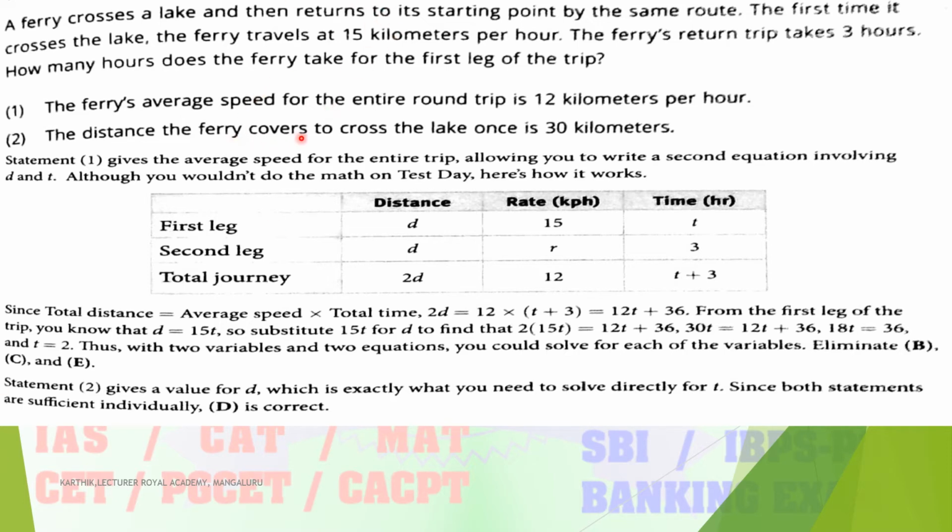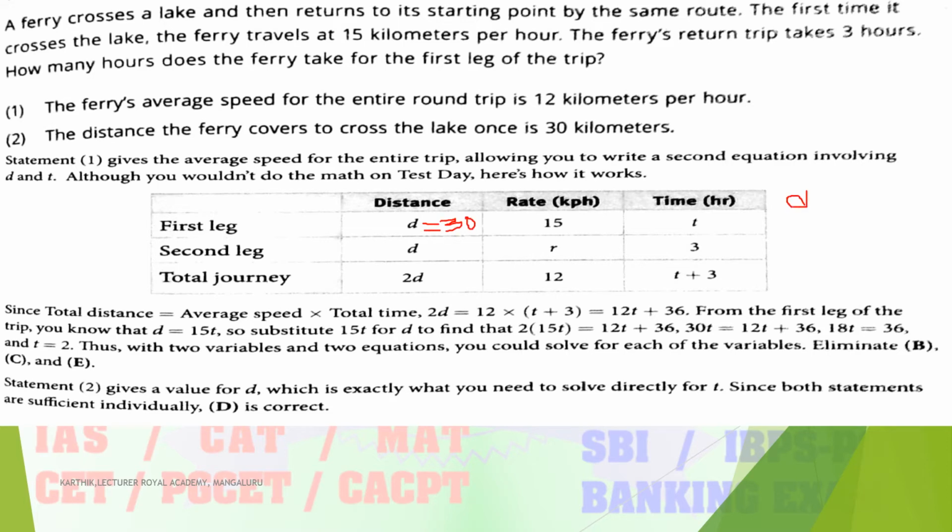So D is given, which is exactly what you need to solve directly for T. If you know the value of D, you can easily determine the value of T. Once is nothing but the first leg, so the distance of 30 kilometers is given.